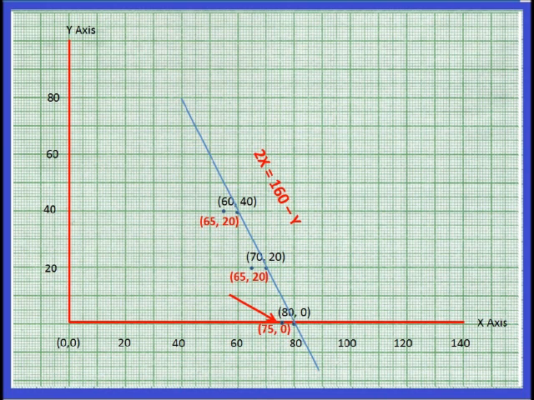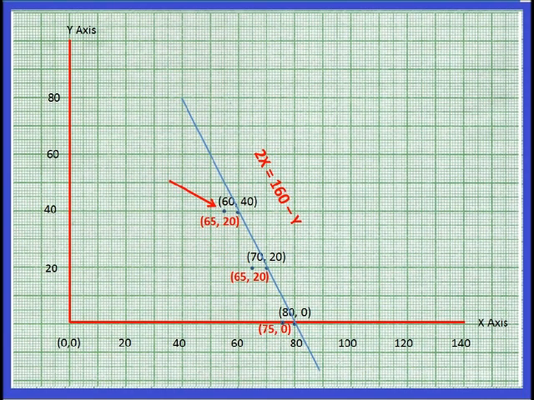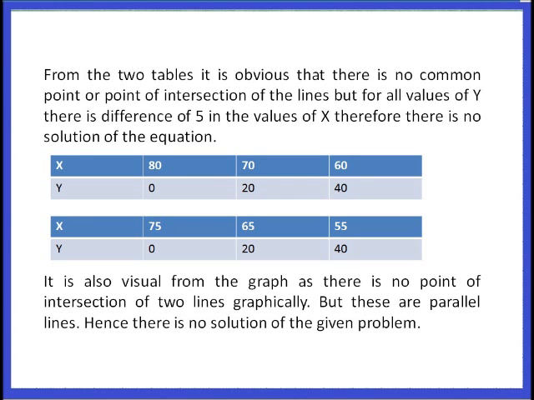The value shown by the arrow is the first set of values, that is 75, 0. This is the second set of values, 65, 20. This is the third set of values, 55, 40. Now join all the 3 points by a straight line. This line can be represented by 4x is equal to 300 minus 2y.